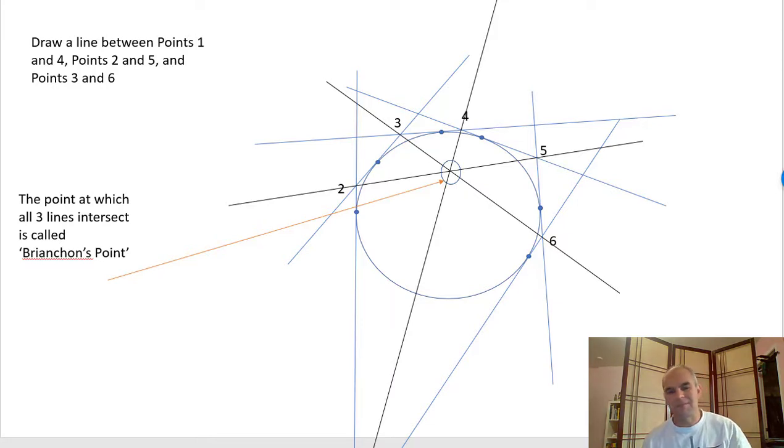You say, well, so what? What's the big deal? They're actually, in some sense, one and the same. They are what are called duals of each other. Let me try to explain that to you. In Pascal's line, we took a circle and selected 6 points randomly on the circle.